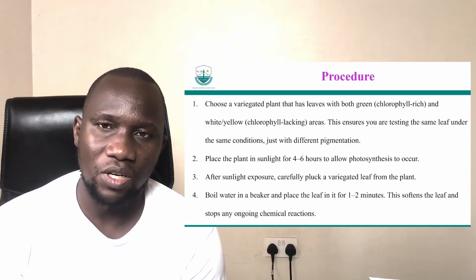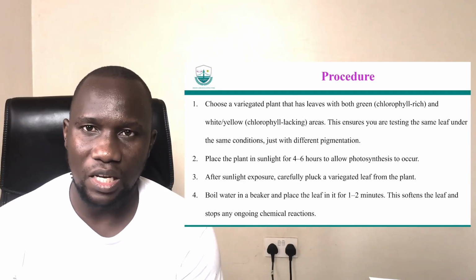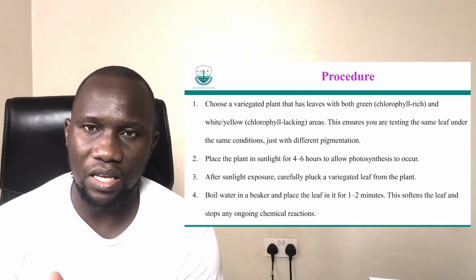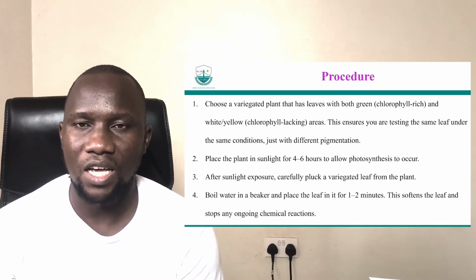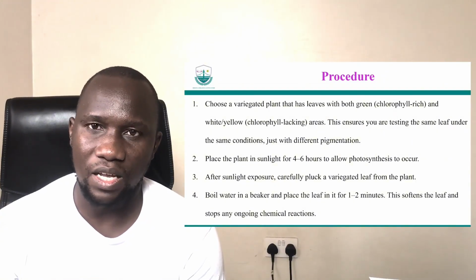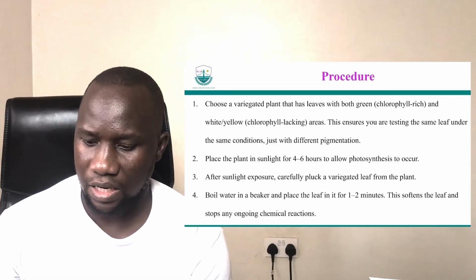The first step is to get this leaf and boil it for 1 to 2 minutes. This boiling kills the cells in the leaf so that you don't have any more photosynthetic activity or other chemical reactions happening within the leaf. It also helps in softening the leaf.